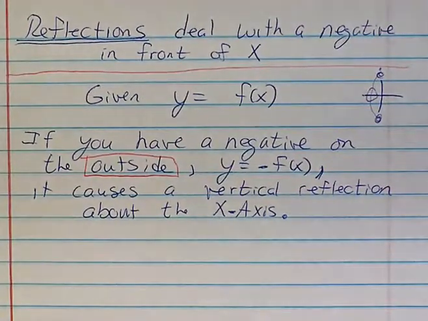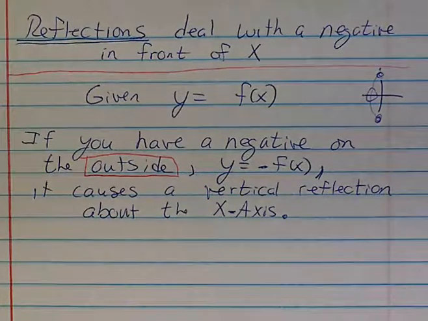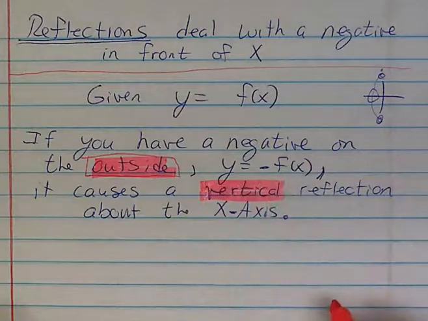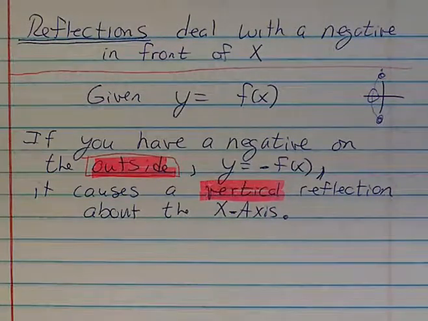But they're still going back to that same thing. Where that negative is, or where that number is that you work with, tells you what it's going to do. Anytime it's on the outside, it's always going to make it go vertical. It's going to make it go up and down.